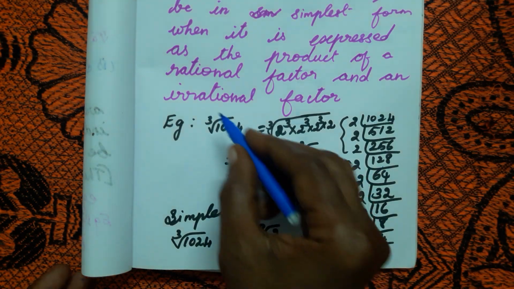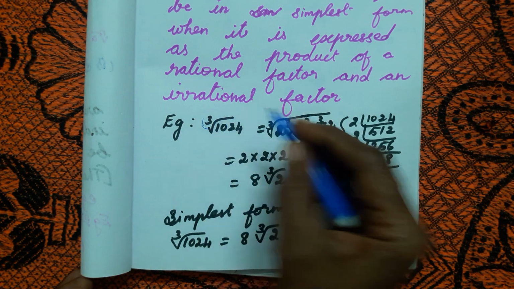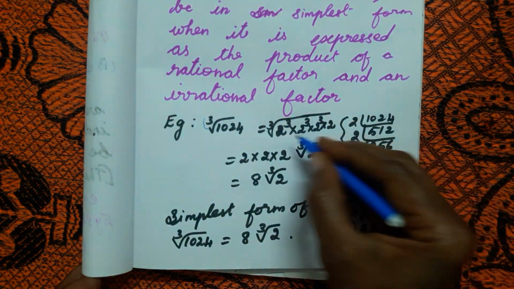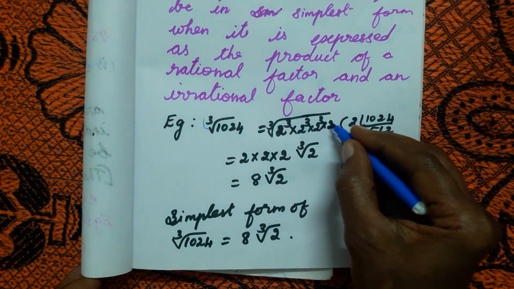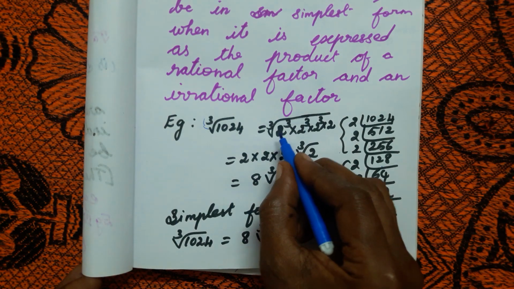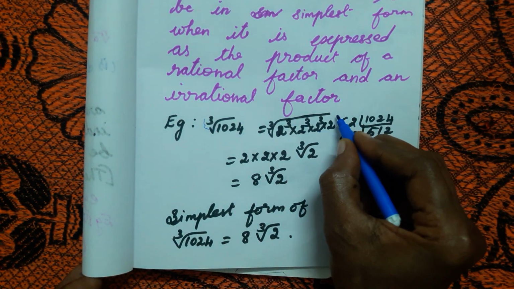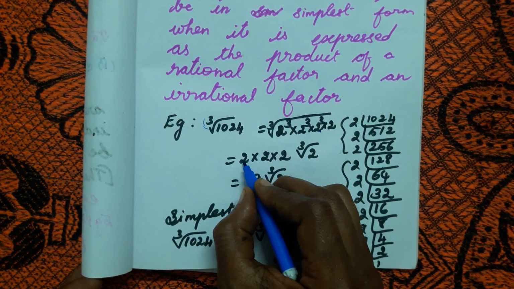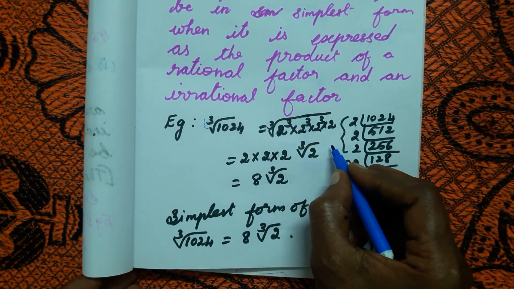Now what is the order of this? 3 is the order, so I take groups of 3. So cube root of 2 cube into 2 cube into 2 cube into 2. This we can write as 2 into 2 into 2 cube root of 2. 2 twos are 4, 4 twos are 8, into cube root of 2.